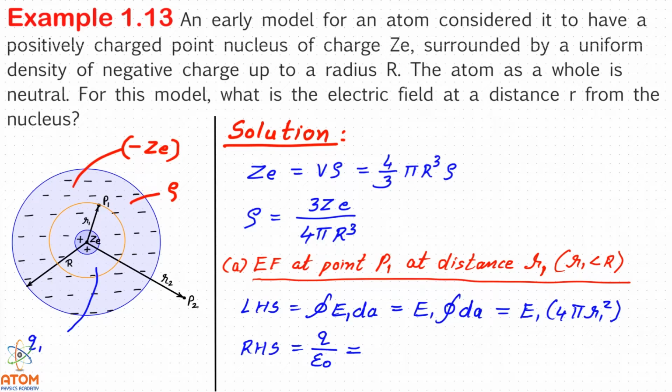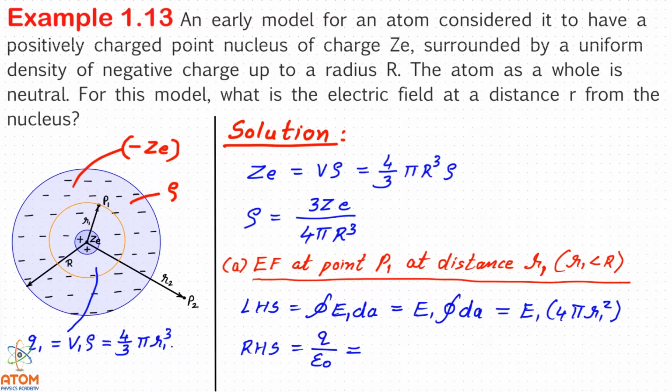So we can write this equation for Q1, that is volume into density. So I will name it like volume V1 into density rho. But volume V1 will be equal to 4 by 3 pi R1 cube, and at the place of rho, I will put this equation what we have already derived.